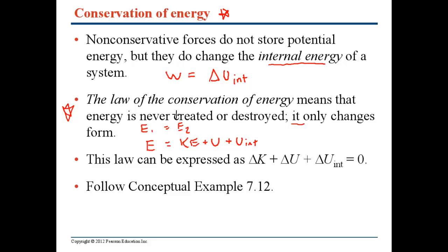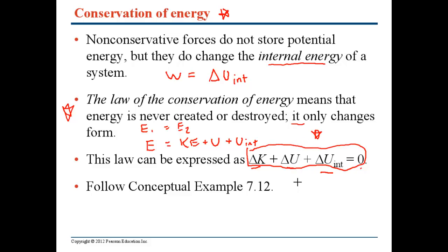Since energy 1 will be equal to energy 2, we can also write this as the change in kinetic energy plus the change in potential energy plus the change in internal energy of the system must be equal to 0. Very, very, very important concept for this class.